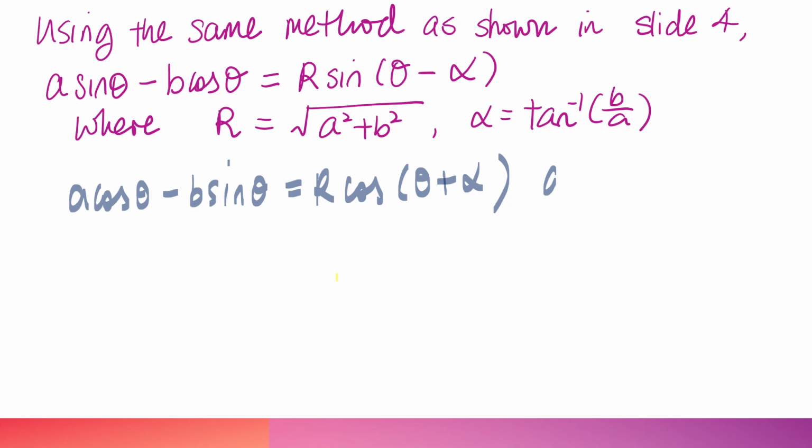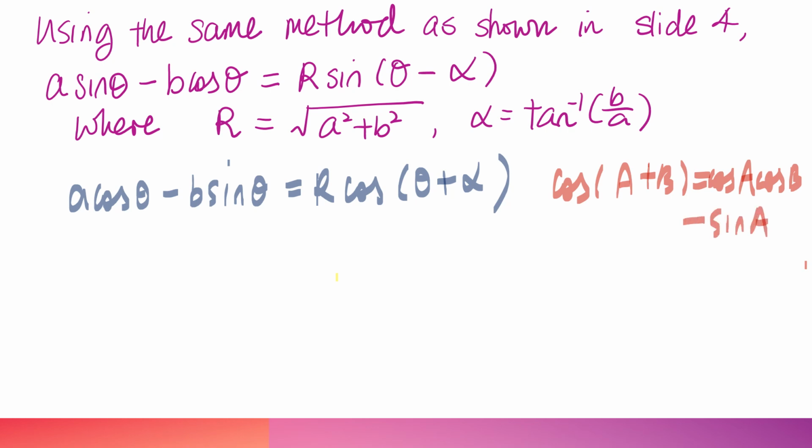If you were to recall, the addition formula for cosine bracket A plus B, that will give you cos A, cos B, minus sine A, sine B, right? And if it's cosine A minus B, then it's cos A, cos B plus sine A, sine B. Because the R formula is derived from the addition formulae, so we follow the rules that is observed in the addition formulae.